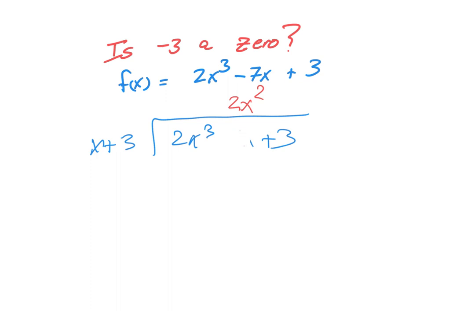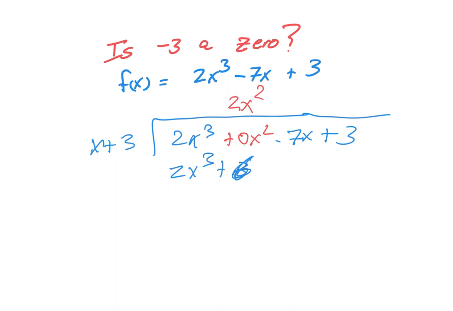So I'm going to rewrite it as plus 0x squared, then minus 7x plus 3, so I keep everything lined up with all my variables and exponents in descending order, and I'm not missing any. Then I multiply 2x squared times x plus 3: 2x squared times x, and 2x squared times 3. So that would be 2x cubed plus 6x squared.